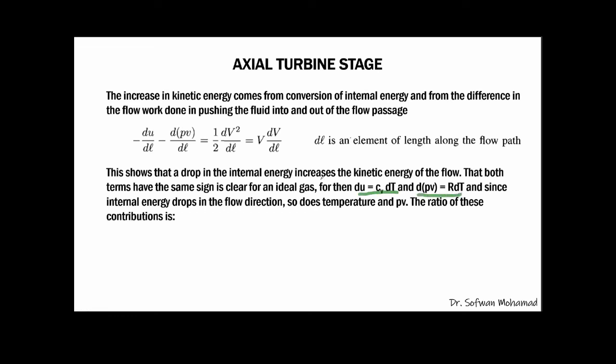And since internal energy drops in the flow direction, so do temperature and PV. So the ratio of these contributions is given by this expression: du over d(pv) equals 1 over (gamma minus 1), which equals 3, where the numerical value of gamma is 4 over 3.